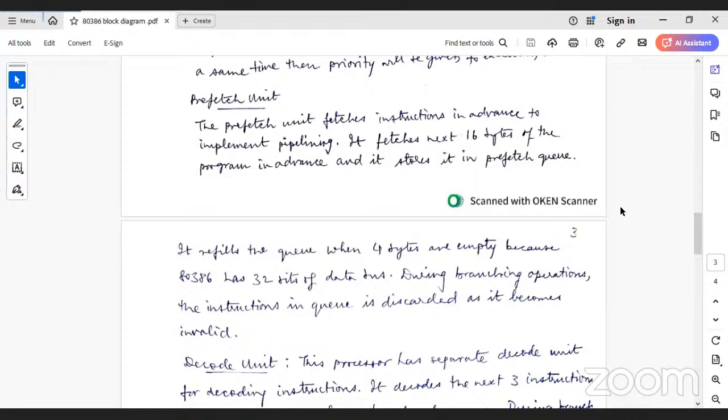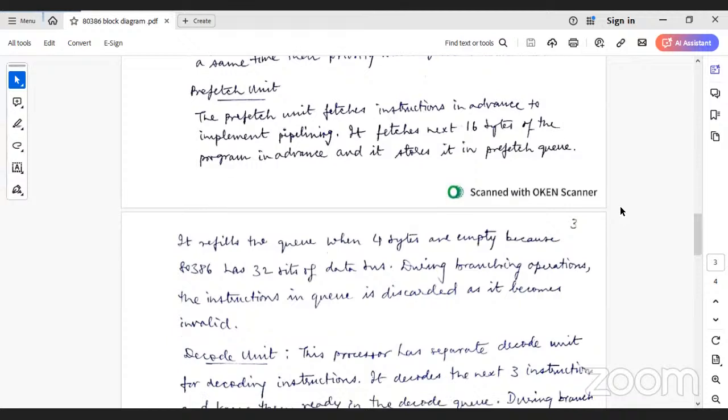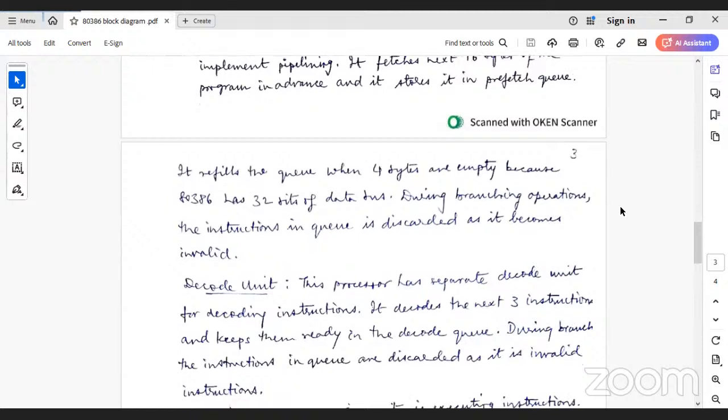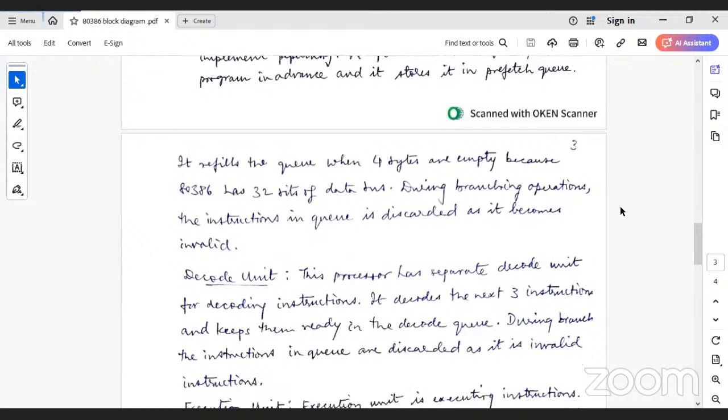That is why it is able to load again with 4 bytes, because instruction execution also will take place on 32 bits. Now during branching operations, the instructions in the prefetch queue will have to be discarded because they are invalid, because your subroutine execution has to take place.